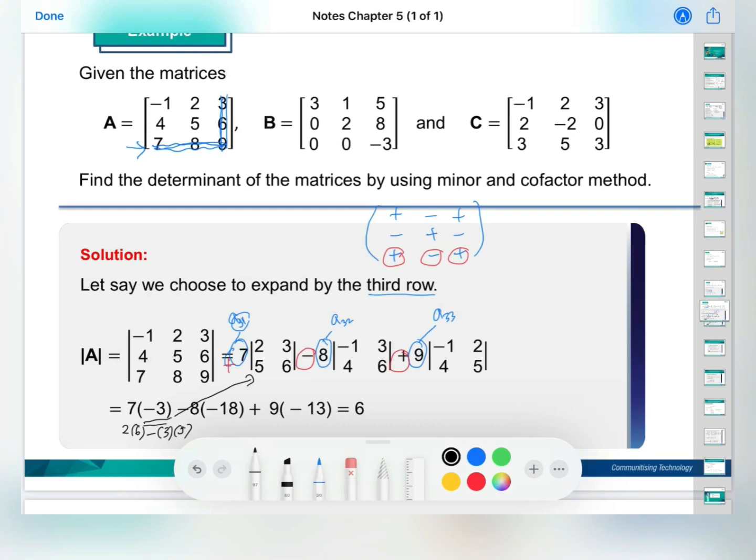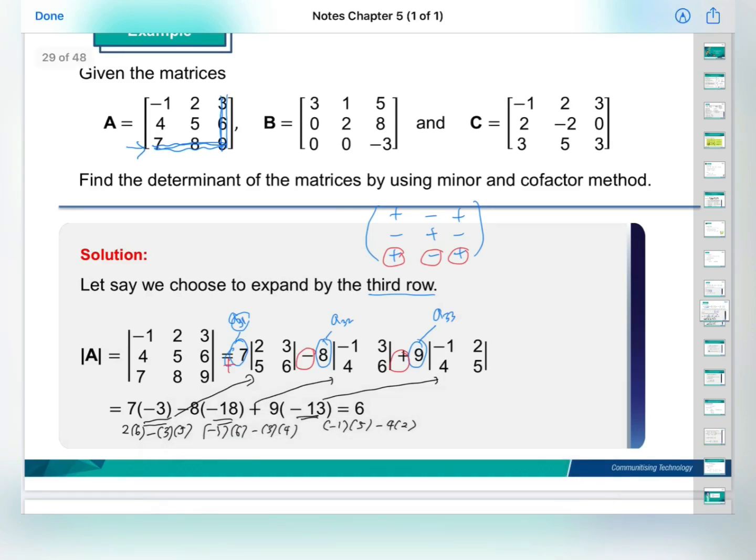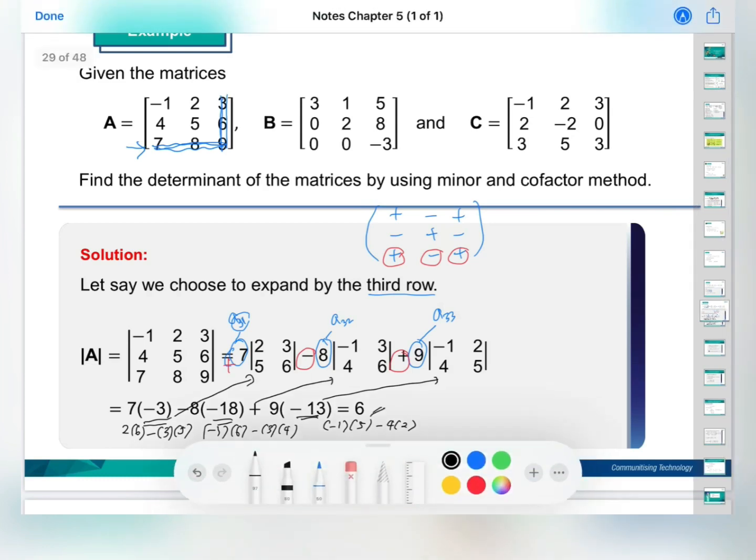The second one is negative 1 times 6 minus 3 times 4 for the second matrix. And then the third one is negative 1 times 5 minus 4 times 2 for the third matrix, AD minus BC. And then you will get your answer equal to 6.